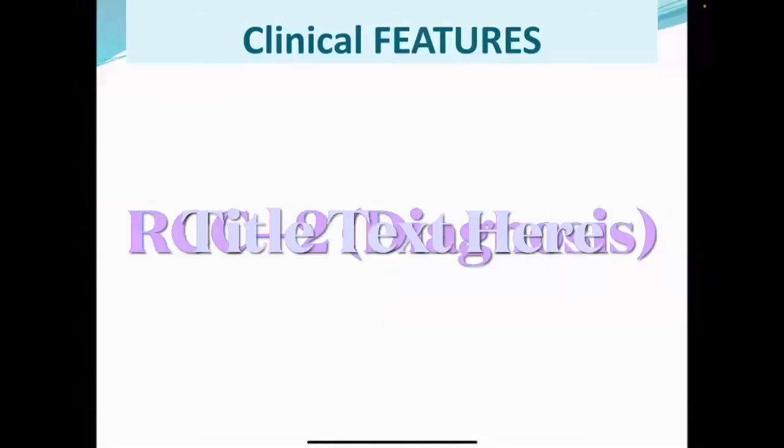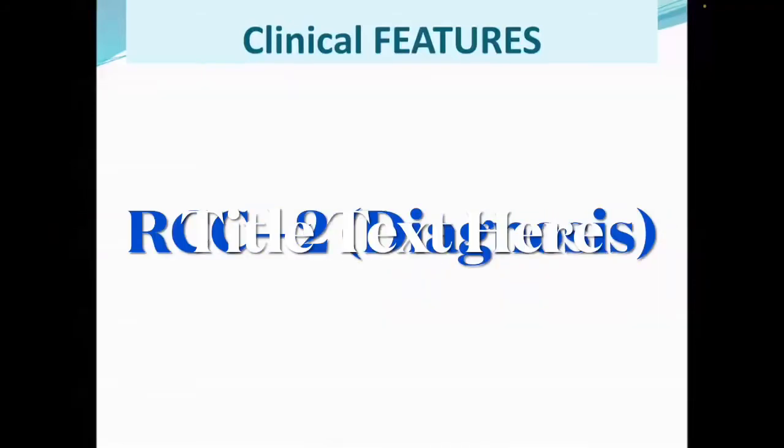So let us study about the clinical features of RCC. Any cancer, we classify the clinical features as local. Local means due to the presence of cancer in that organ itself.